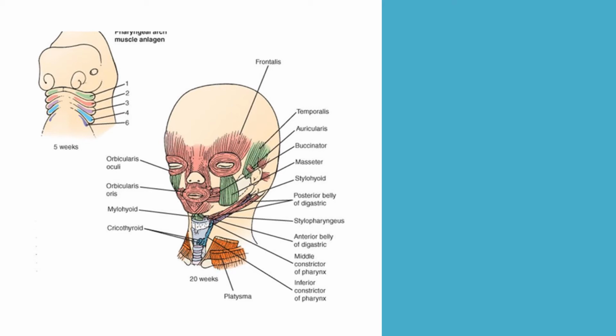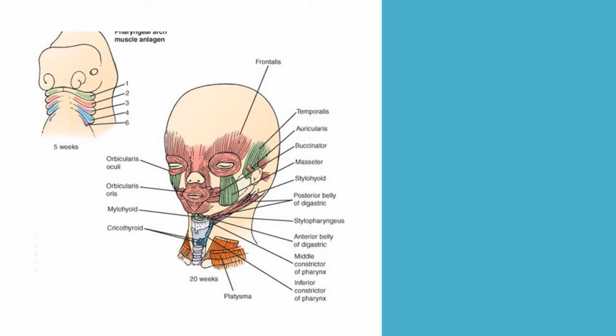The muscles it supplies are the muscles of mastication: the temporalis, masseter, then what are the other muscles? The lateral pterygoid and the medial pterygoid. So these muscles are derived from the first arch.